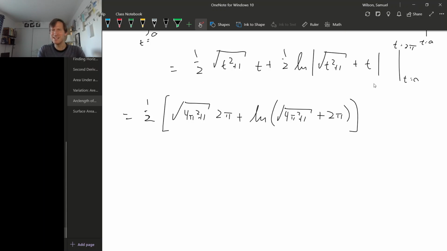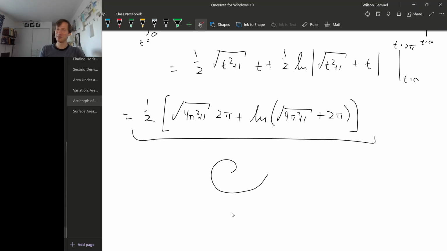And then when I plug in 0, I think everything's going to turn out to be 0. Yeah, we get 0 plus natural log of 1, so yeah, 0. So this is the arc length of one loop of that spiral.